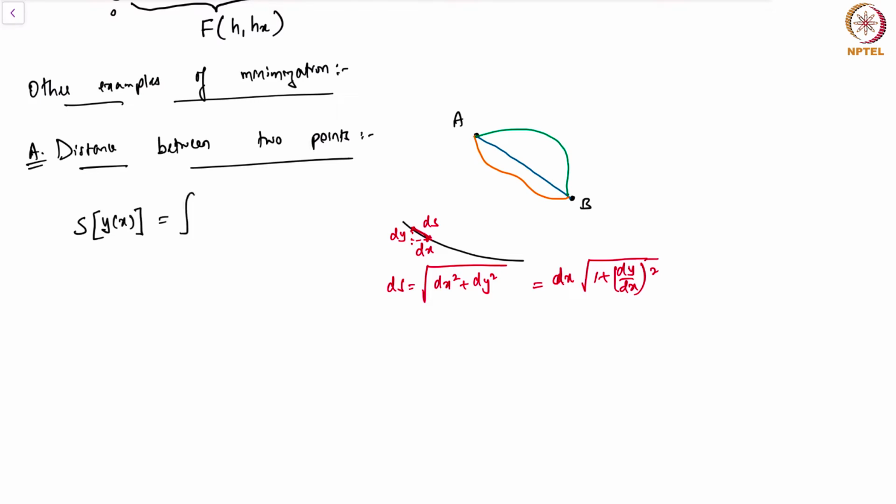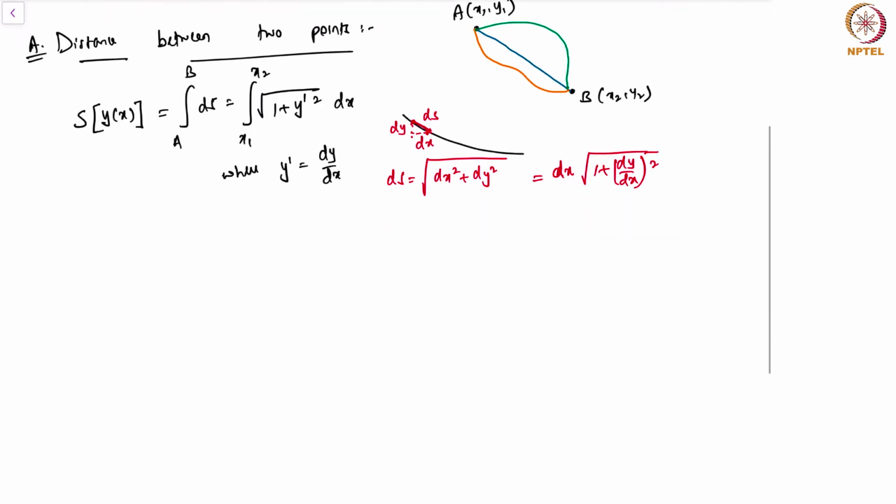So this is nothing but going from A to B ds. And A to B ds is simply x1 to x2, where this point A could be x1, y1, and the point B could be x2, y2. We want to just minimize square root of 1 plus y prime square dx, where y prime is dy by dx.